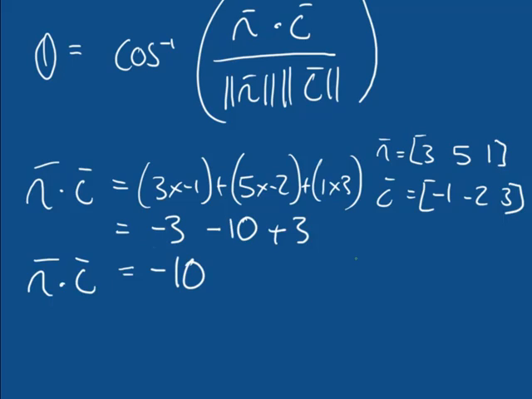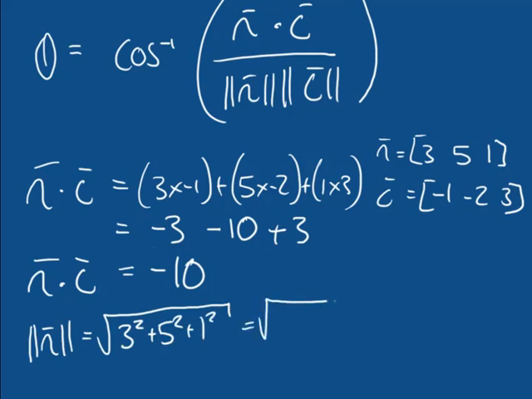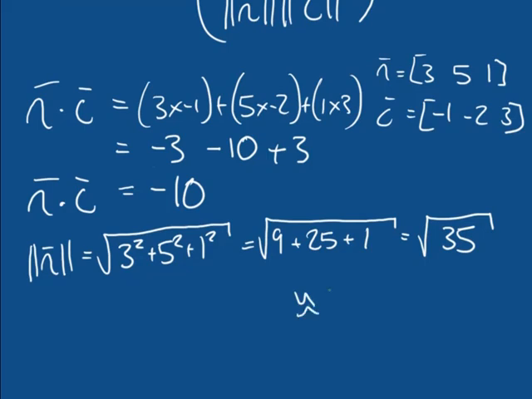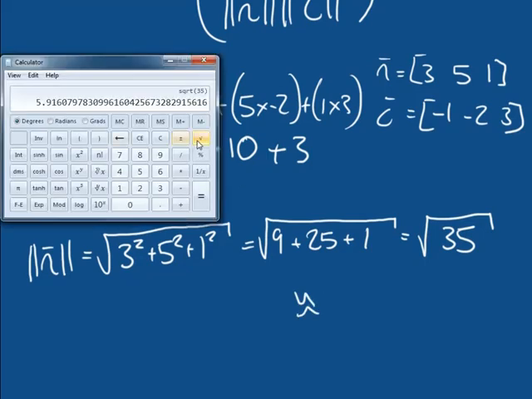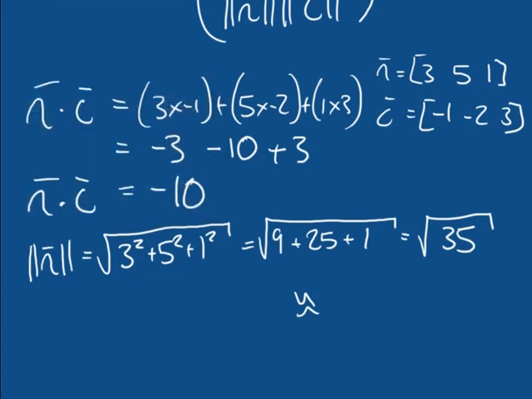Fantastic. We also need to work out the length of n and the length of c. So the length of n is equal to the square root of x squared plus y squared plus z squared, which is equal to the square root of 9 plus 25 plus 1, which is the square root of 35, which is approximately 5.9161 if we round to 4 decimal places.